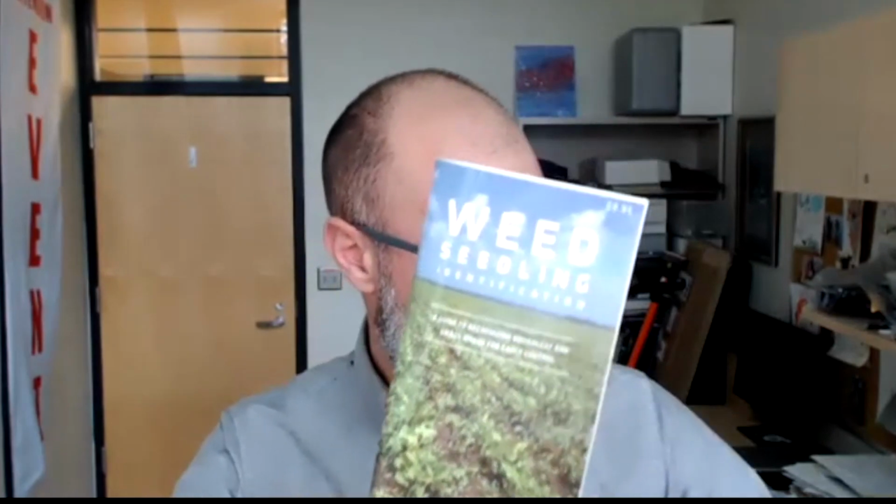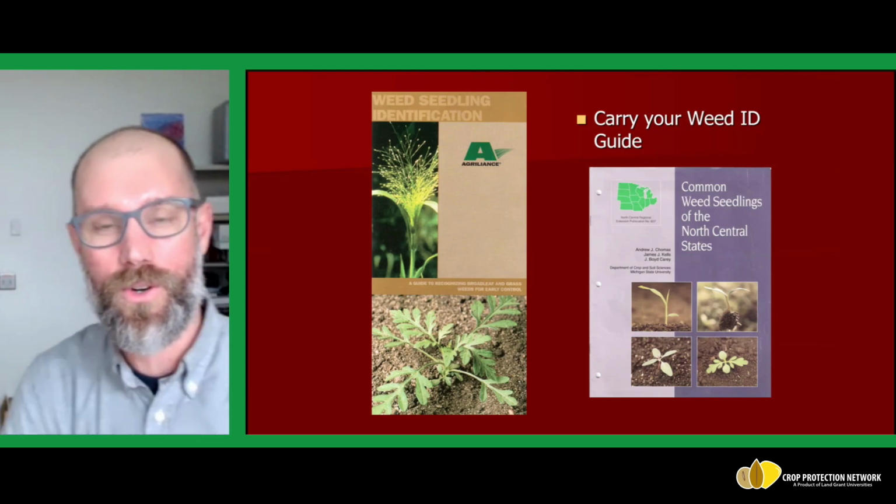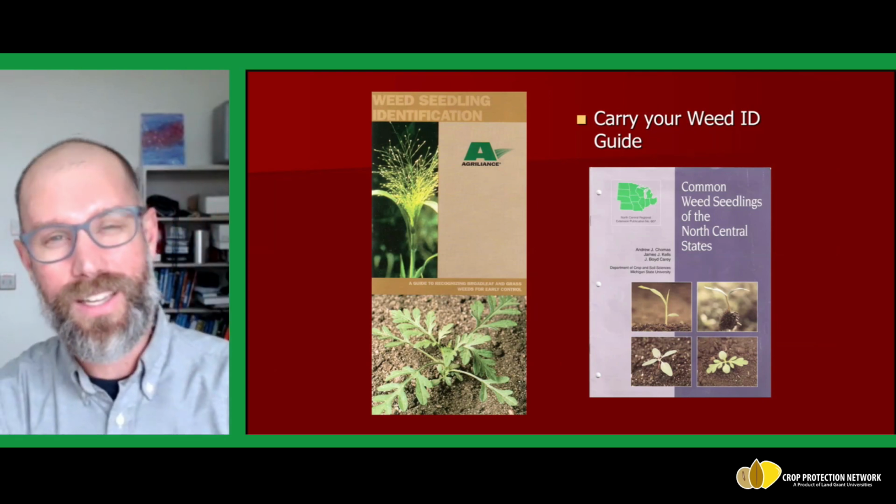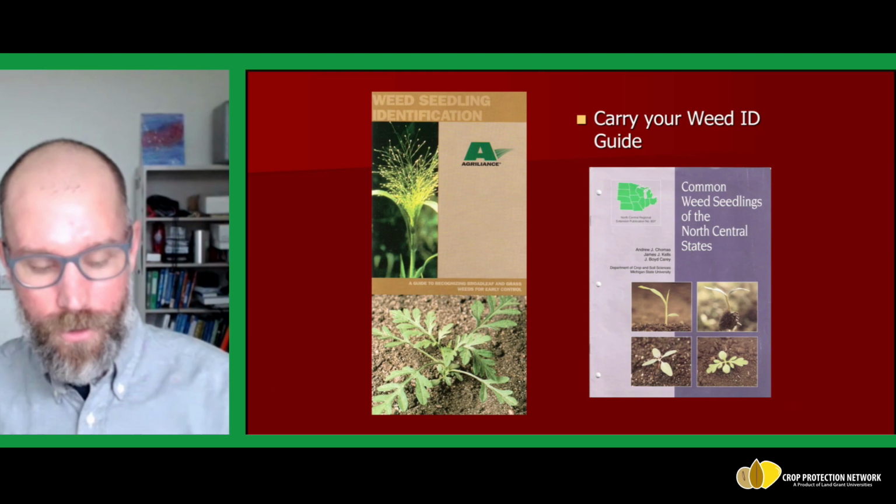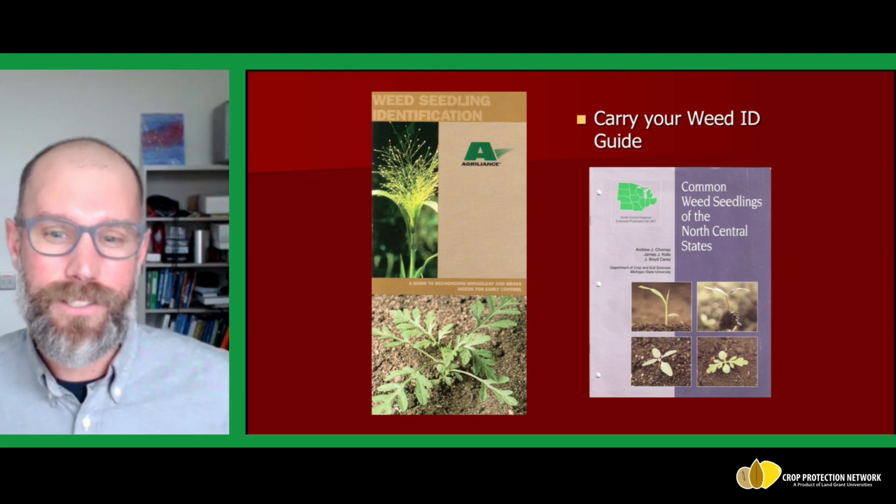I got a couple on the screen. There's a number of different weed seedling identification guides out there, pocket books that show just pictures of weed seedlings and kind of walk you through different characteristics of weed seedlings. And so that can be really helpful in terms of identifying seedlings.